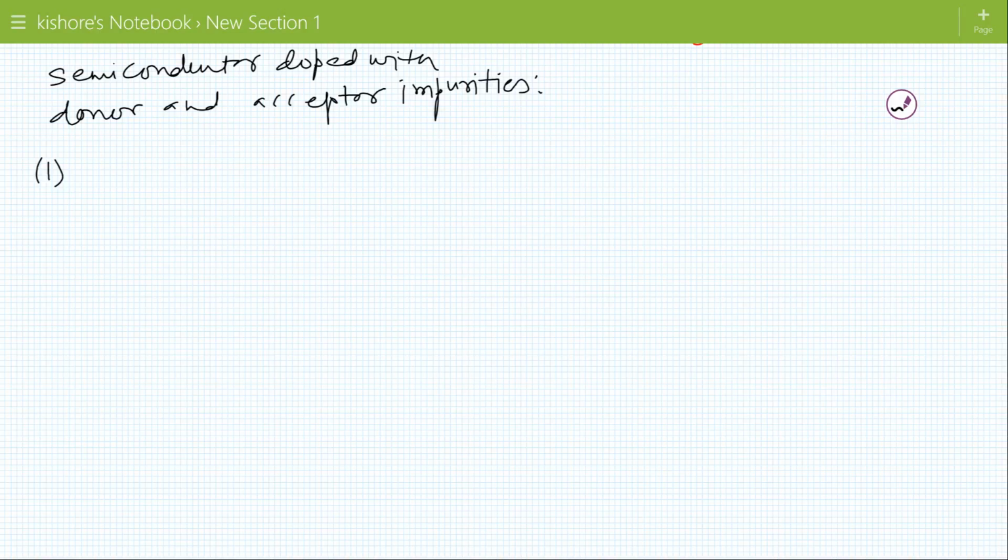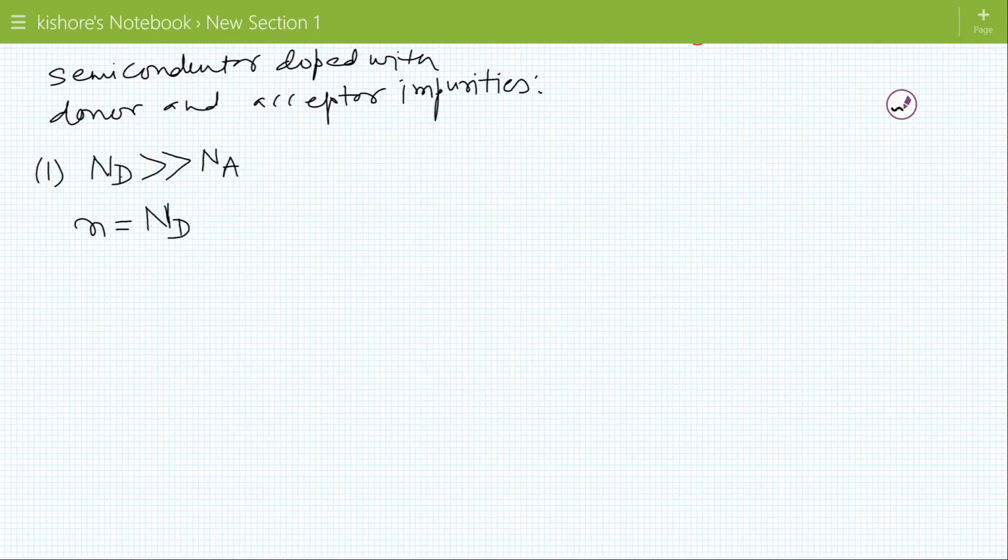Let us consider the first case. If donor impurity concentration is very large as compared to acceptor impurity concentration, in that case electrons are majority charge carriers, and the concentration of majority charge carriers is Nd.